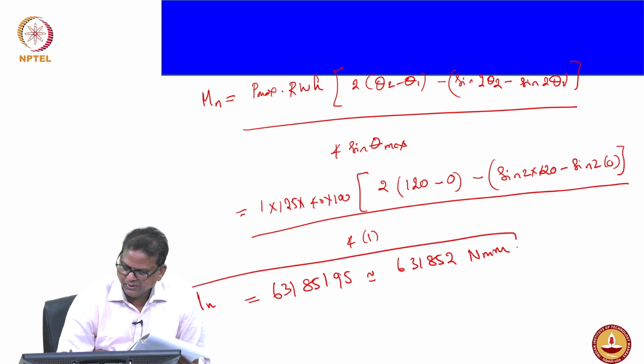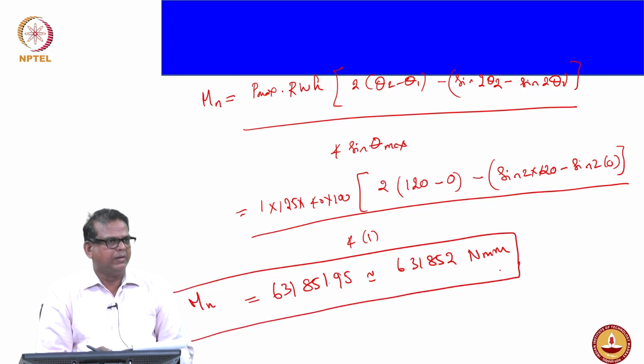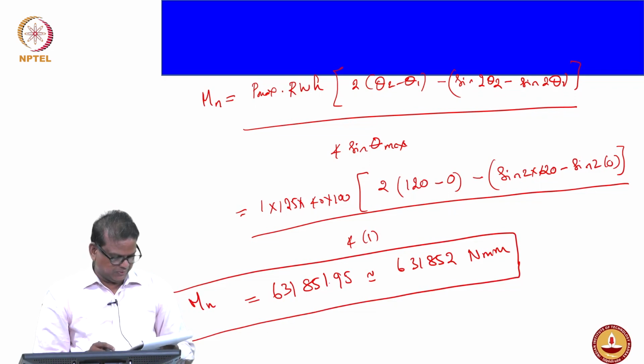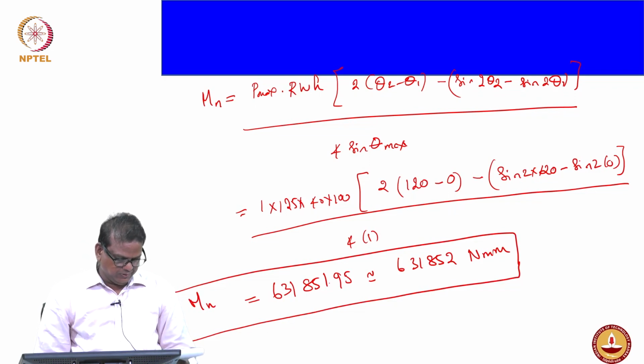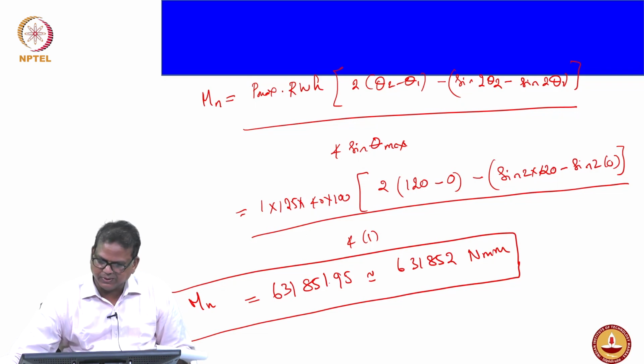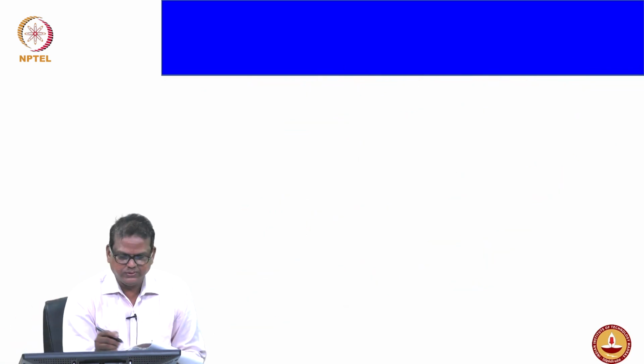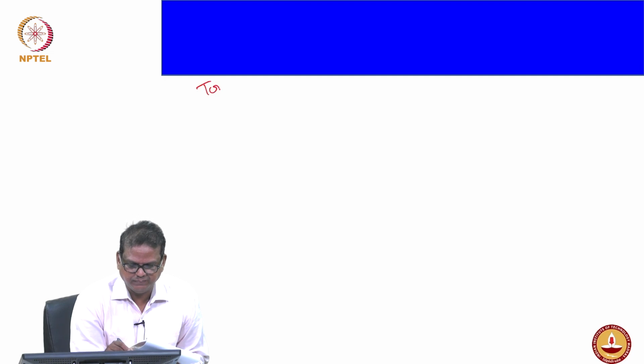So from the leading shoe, we got both Mn and Mf. Now we need to find out the torque absorbing capacity.